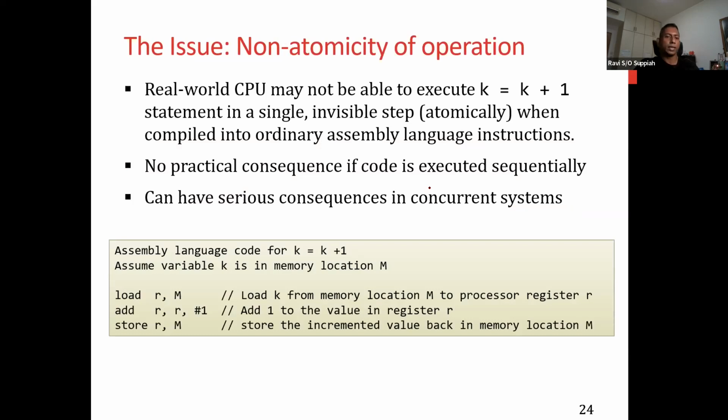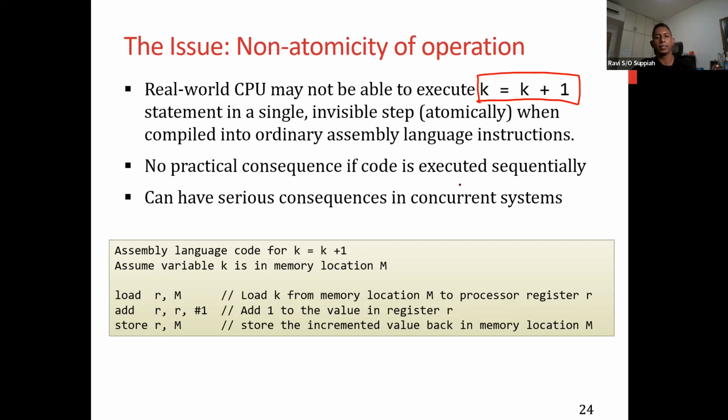Now let's first understand the concept of increment k, which is k equals k plus 1. Since we already did the first half on MIPS and assembly language programming, we already understand that k equals k plus 1 may not relate to a single instruction executed by the processor.